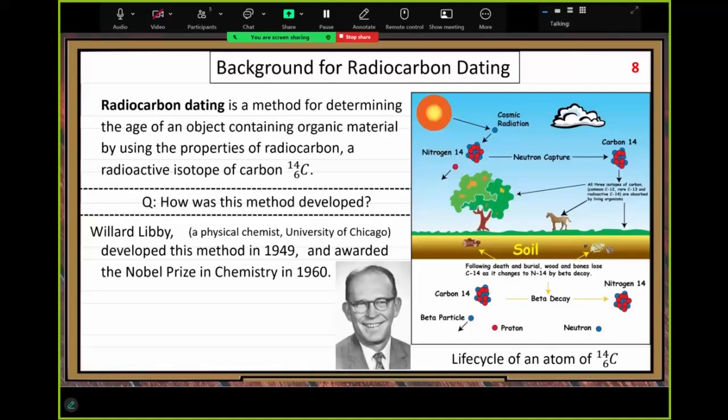Based on that percentage, we apply a certain formula and can estimate the approximate age. That's the idea of this method.